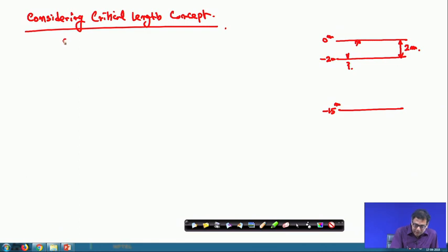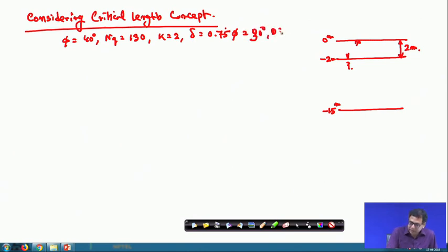Here the phi value is 40 degree, same as the previous case. N_q value is also 130, K value is 2, and delta is 0.75 of phi, so that is 30 degree. D value is 0.3 meter, and length of the pile L is 15 meter. So, all the data are the same.